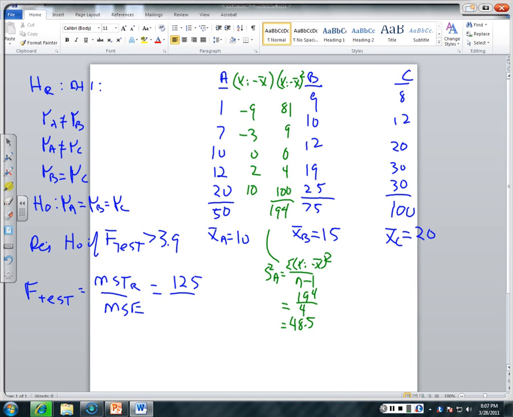Then I'm going to do the same thing with the other two groups. So S squared B is going to be 186 divided by 4, and I believe that's 46.5.